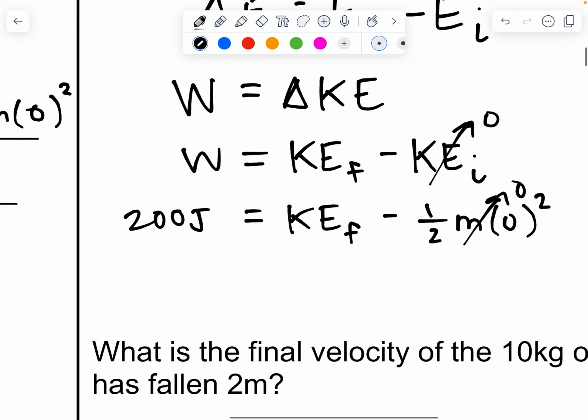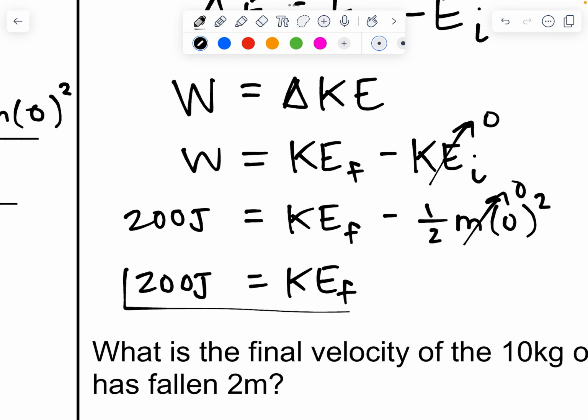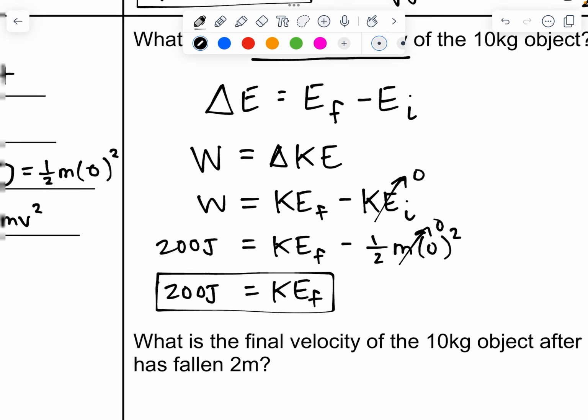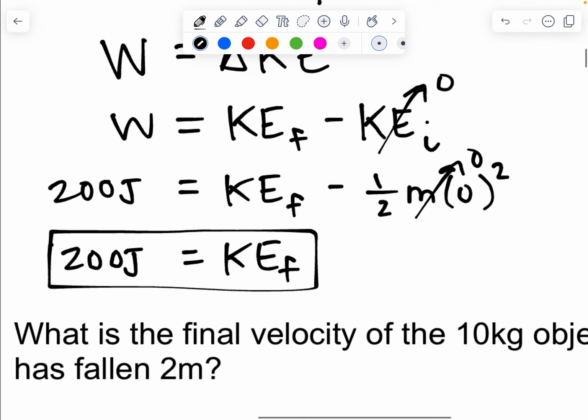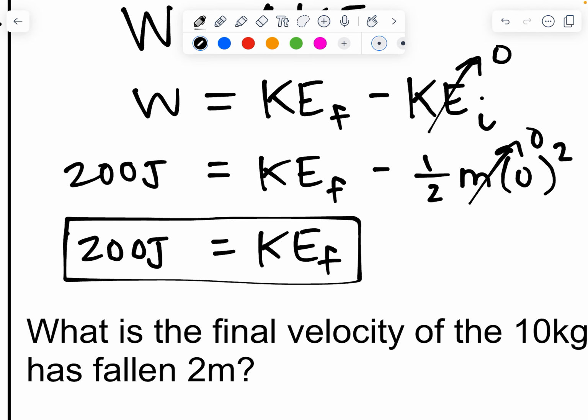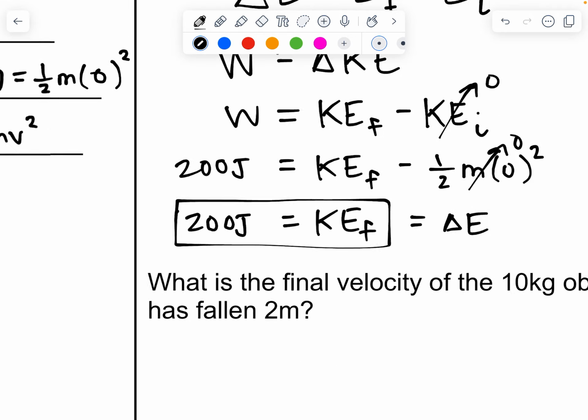So you're left with a final kinetic energy of 200 joules, okay? So the change in energy was equal to the work done on the object, which is 200 joules. So not only is this the final kinetic energy, this is also the change in energy, the difference between the amount of energy from when it started to when it ended.